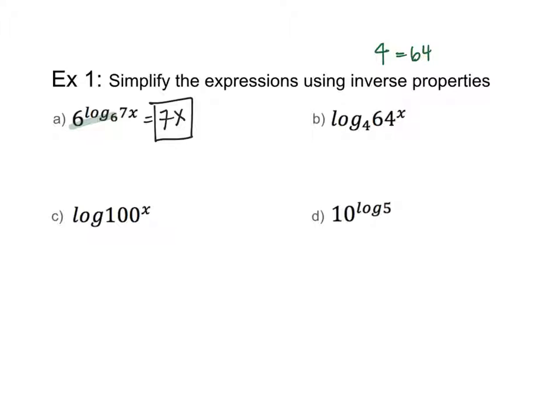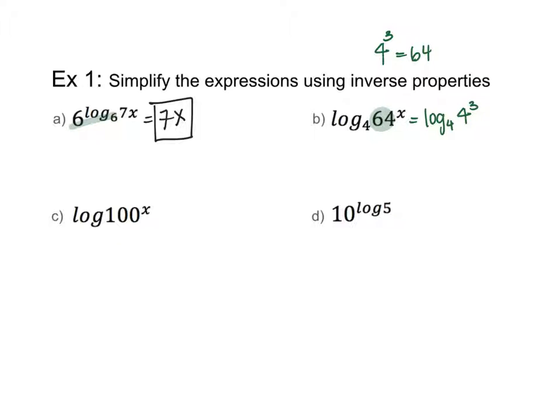Well, if you remember, 4 to the 3rd power gives me 64. So what I can do is I can change this 64 to a 4 to the 3rd power. So I'm going to rewrite this function log 4, but instead of a 64 here, I'm going to replace that with 4 to the 3rd power.